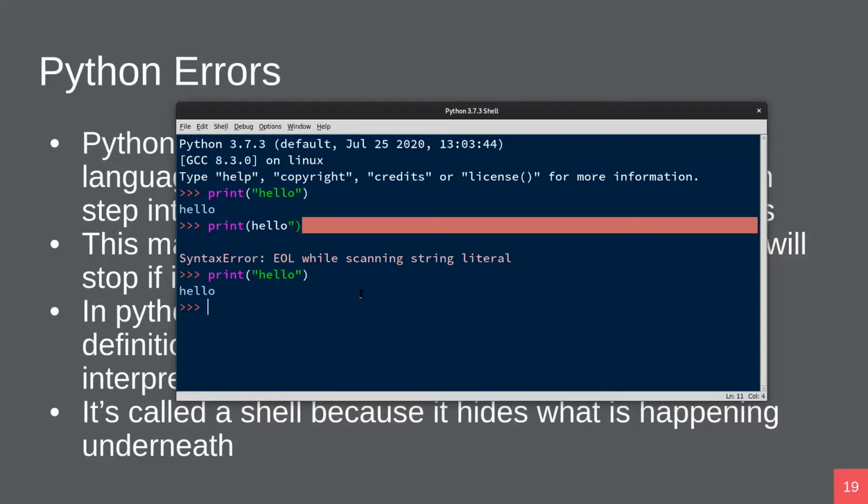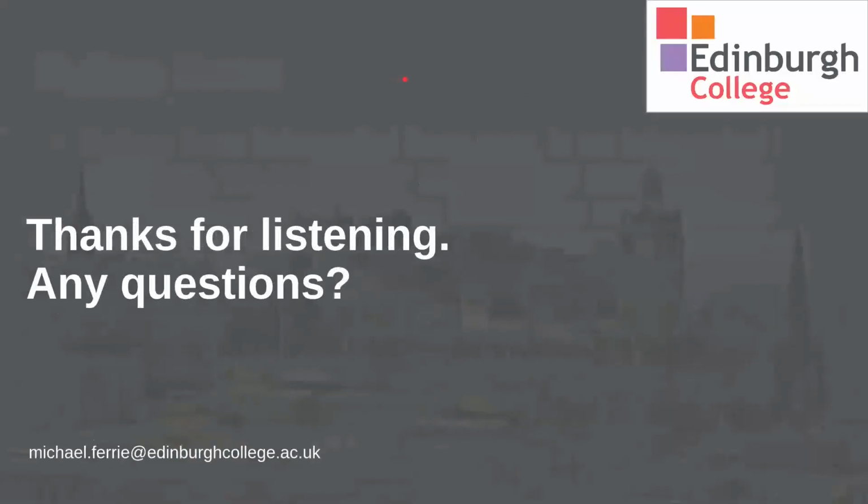So let's run that. And there, now it's working. Now it's happy. It doesn't have a syntax error. So that concludes topic 2, stages in programming and syntax errors. So we'll stop this now and see if anyone has any questions.